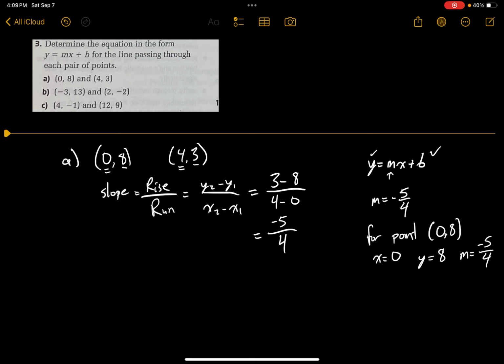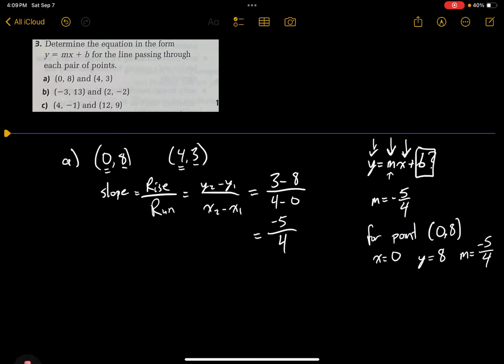So we can substitute. We have m, we have y, and we have x. We don't have b. So we can substitute all these values to find our missing b.